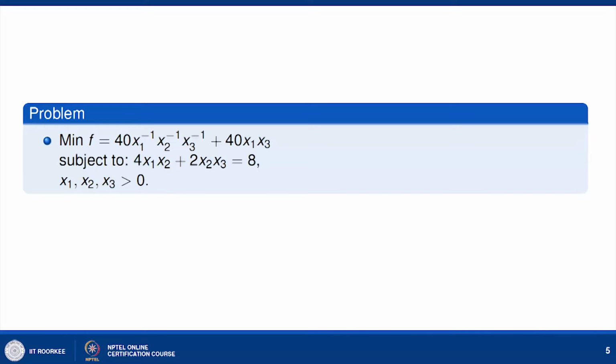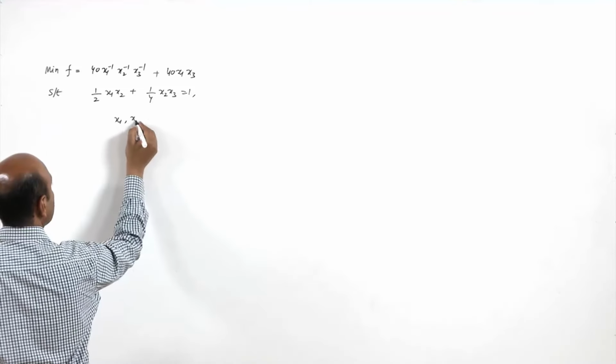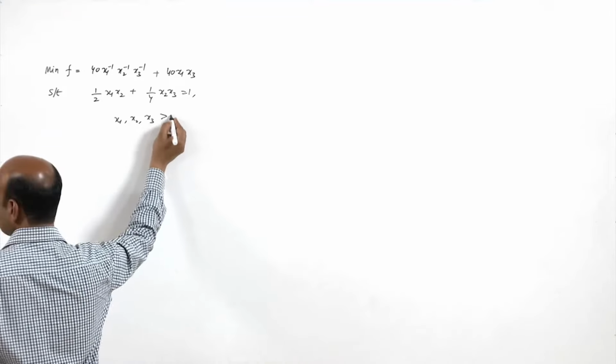So, what we obtain is 1 by 2 x1 x2 plus 1 by 4 x2 x3 is equal to 1, and x1, x2, x3 are strictly greater than 0.